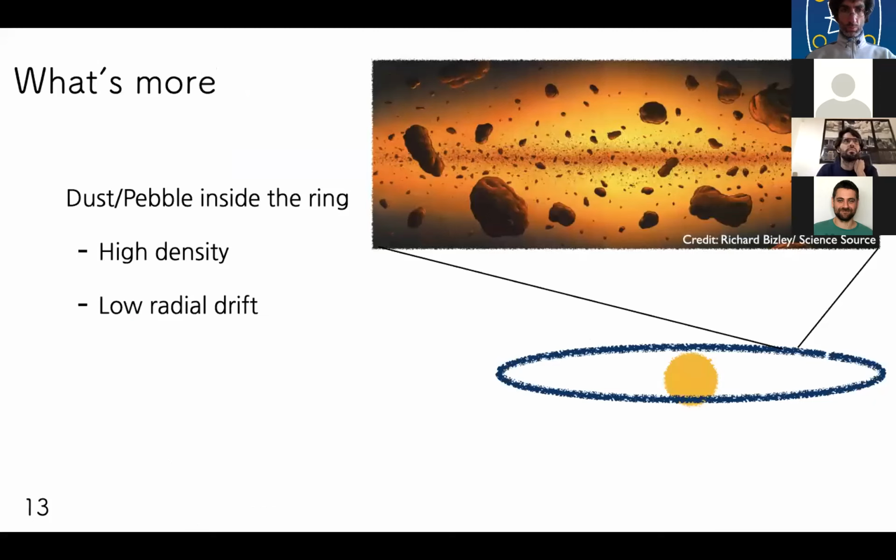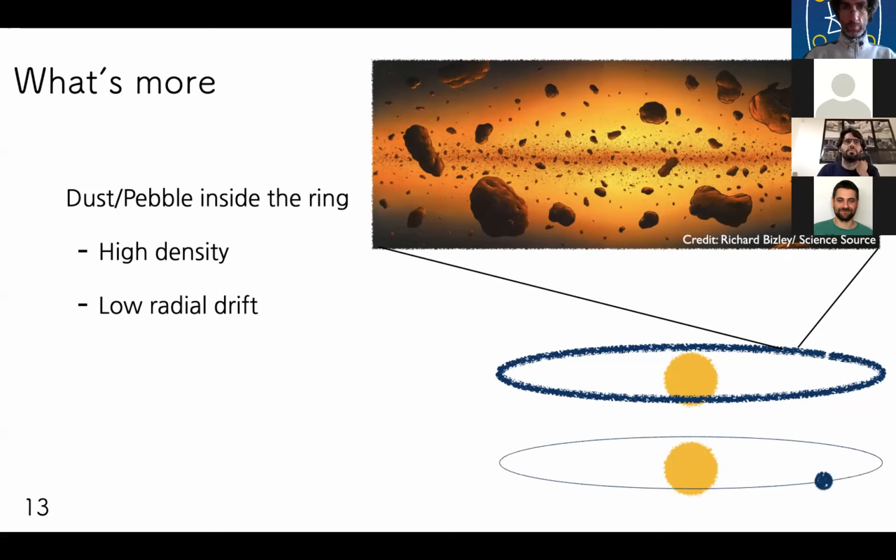And so you probably want to ask, what's more about these models? We also found that if such a scenario indeed happens, it naturally requires that the pebble density inside the ring should be very high. And as we already described, because the Z is very high, the radial drift is also very low.